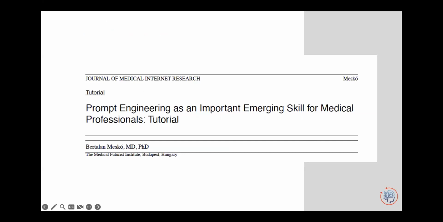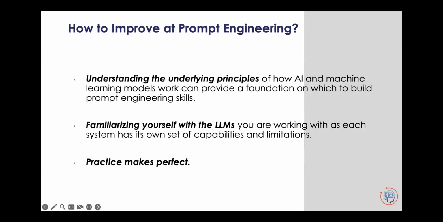Now, as I mentioned, for this presentation, I looked at several studies, and I picked a few to talk about. And one I really liked was plain and simple. It was very approachable, and it talked about prompt engineering for medical professionals. So how to improve prompt engineering?